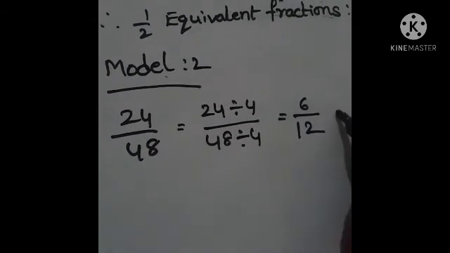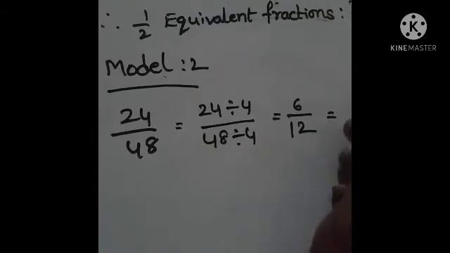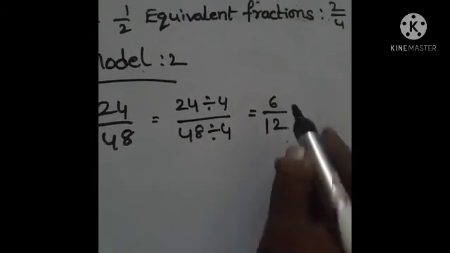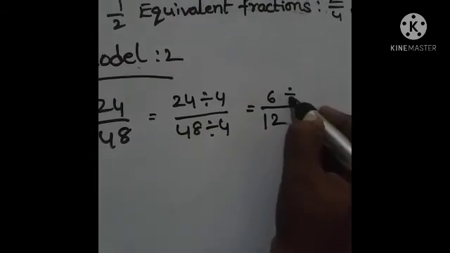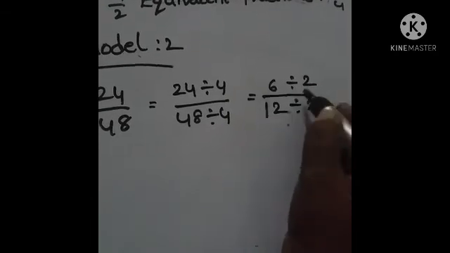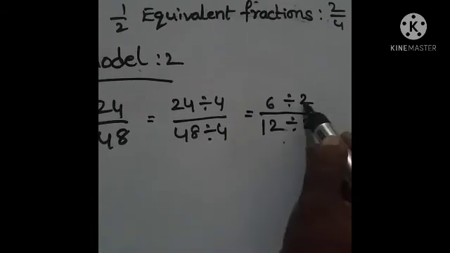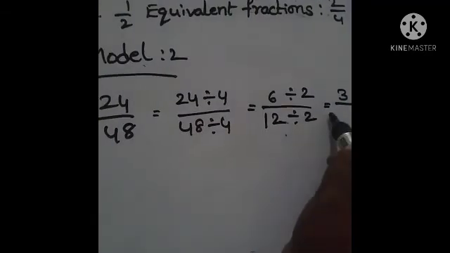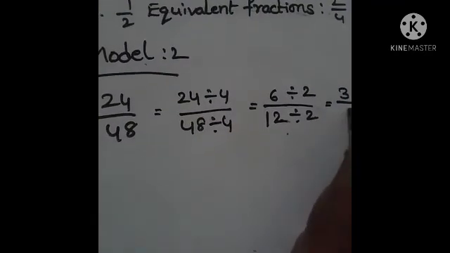Next, one more time we have to divide. Divide by 2, divide by 2, both numerator and denominator. 6 divided by 2 is 3. 12 divided by 2, 6 2s are 12, so 6.